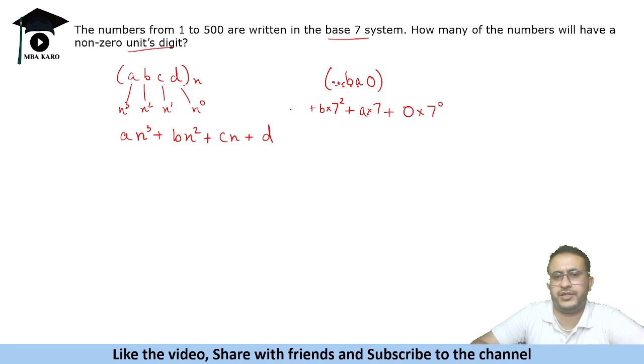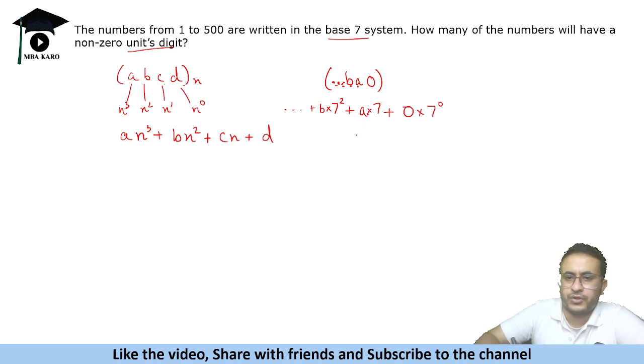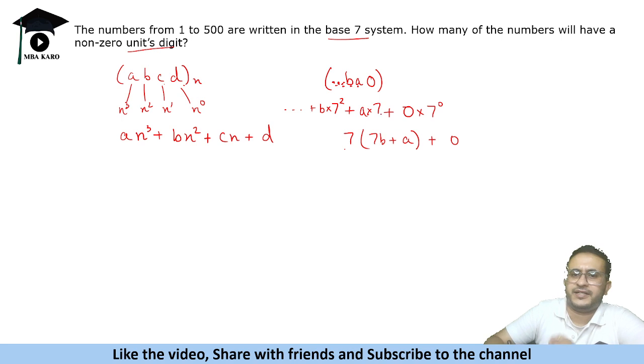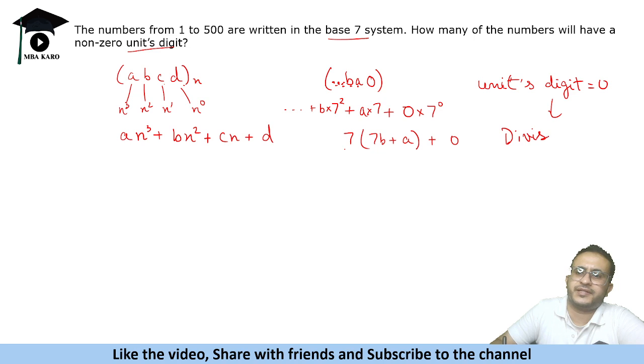So we see that it is 7 times of 7B plus A, plus this 0. So if the units digit is 0, that means it is divisible by 7.